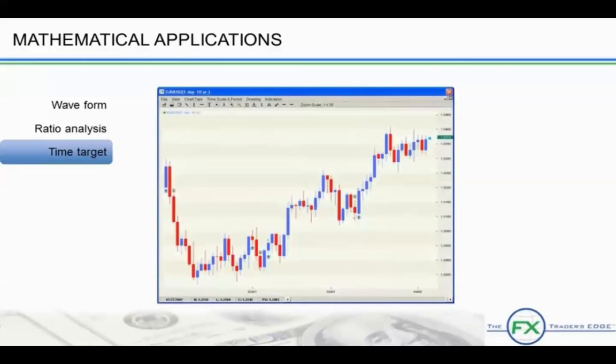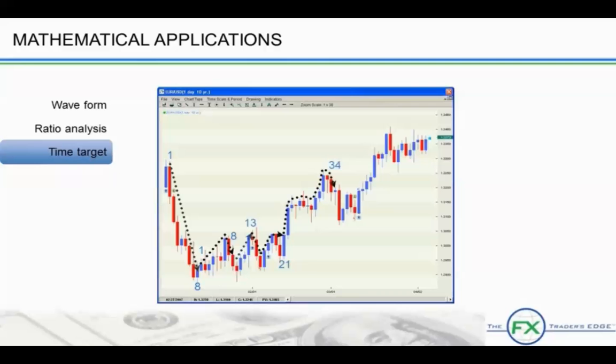To predict a time target, count forward from significant tops and bottoms, for example, on a daily chart, from a cycle top or bottom. Future tops or bottoms will occur on Fibonacci days 13, 21, 34, 55, 89, or 144 days into the future.